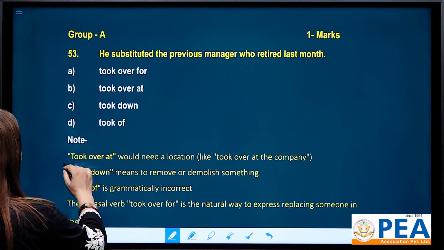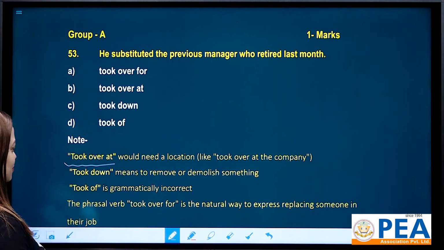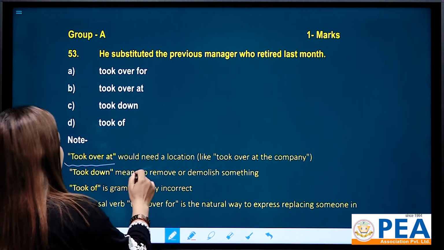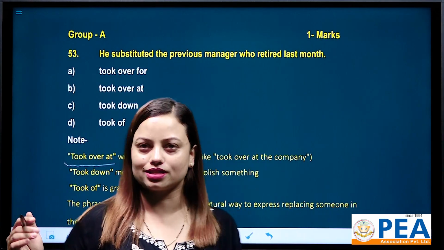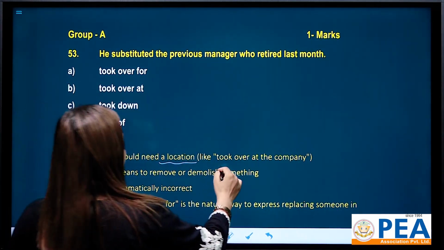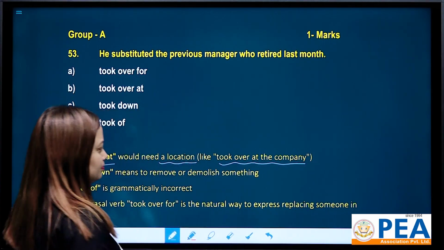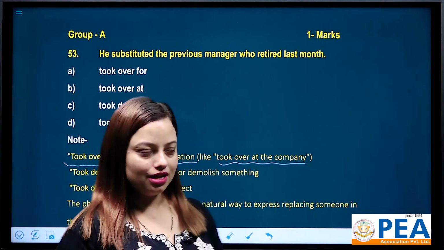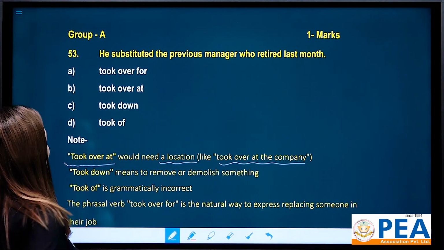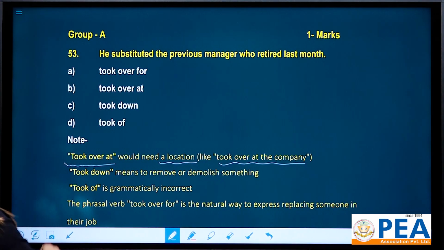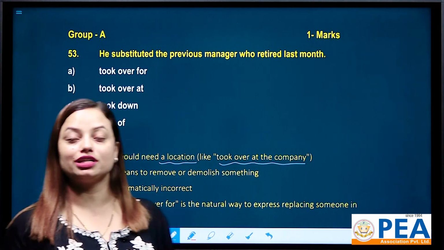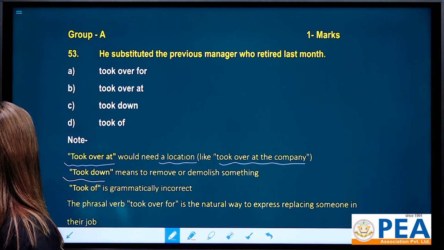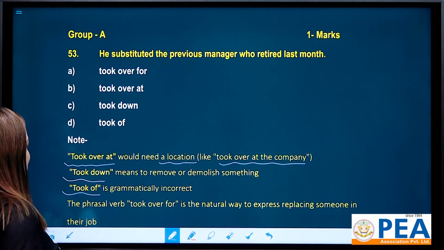Whenever we talk about took over at, it needs a location, like took over at the company. Are you getting it? Whenever there is took down, it means to remove or demolish something, right? There is another phrase that is took off.